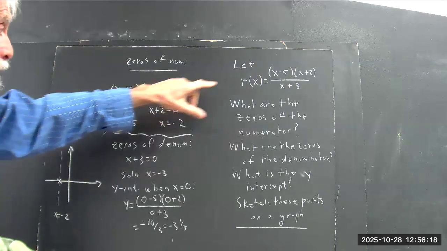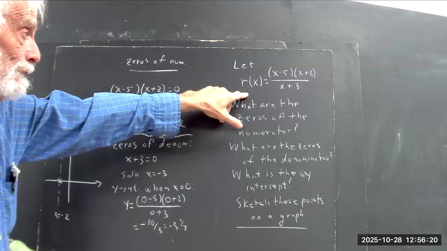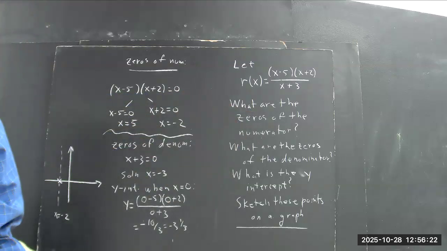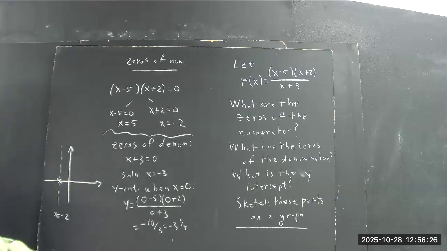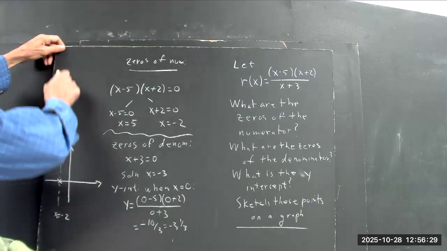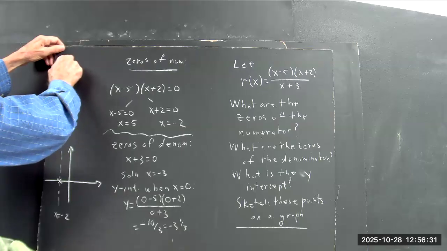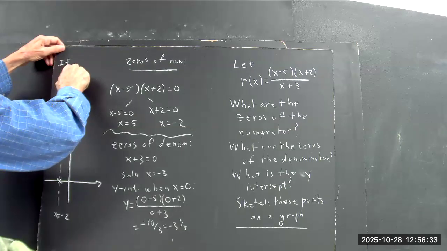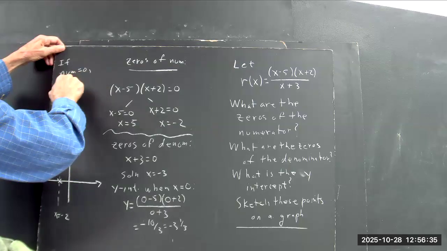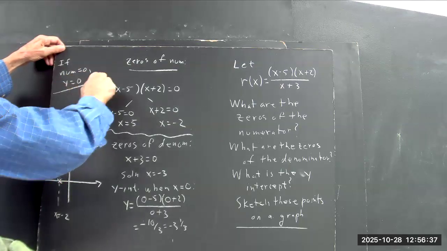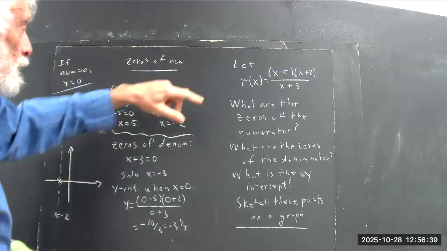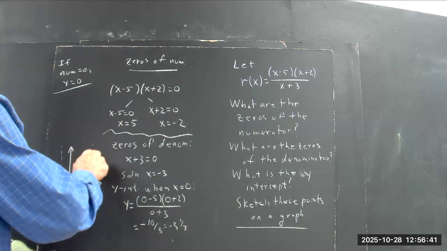Because when the numerator is 0, y is 0. Okay? So I can say that also occurs when x equals 5.